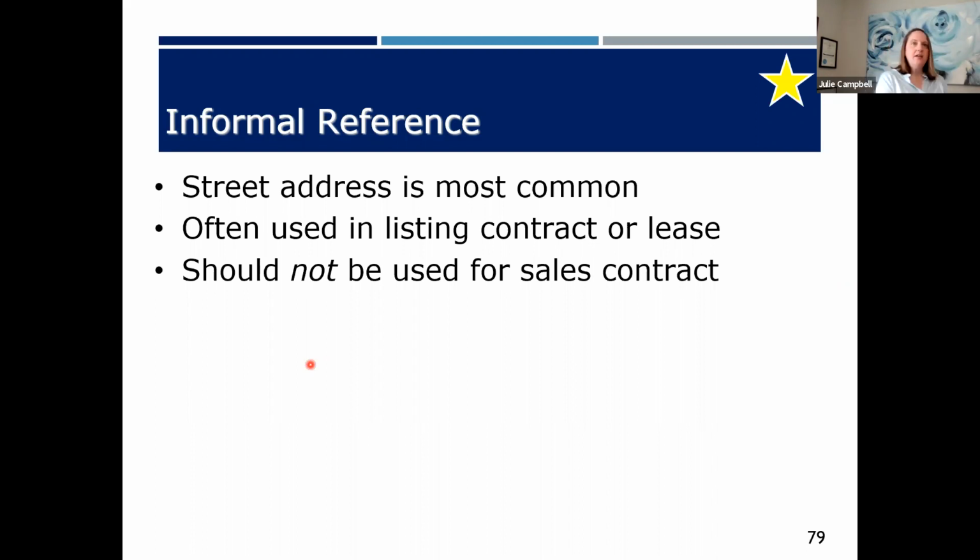We will see where we fill that description in when we do our offer to purchase and contract, when we get to unit 10. We can use a street address in a listing agreement or a lease because we're not conveying. Only used when we convey: a sales contract, deeds, other documents. Street address alone is not sufficient.